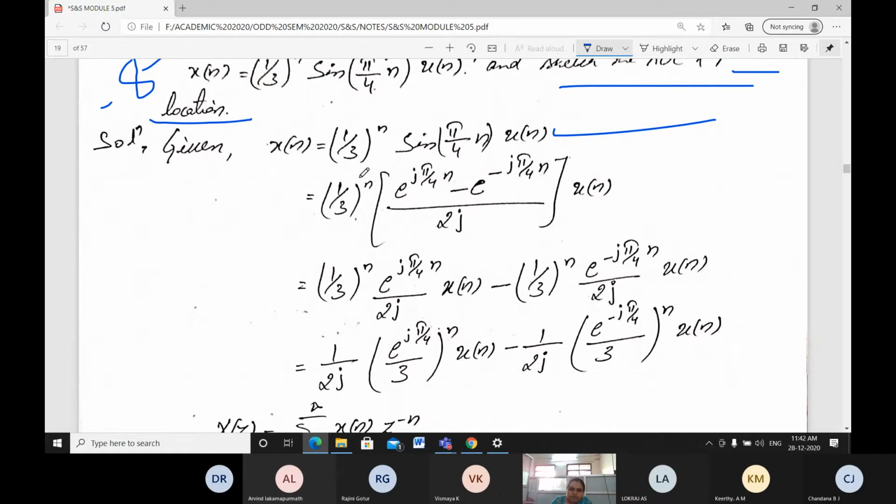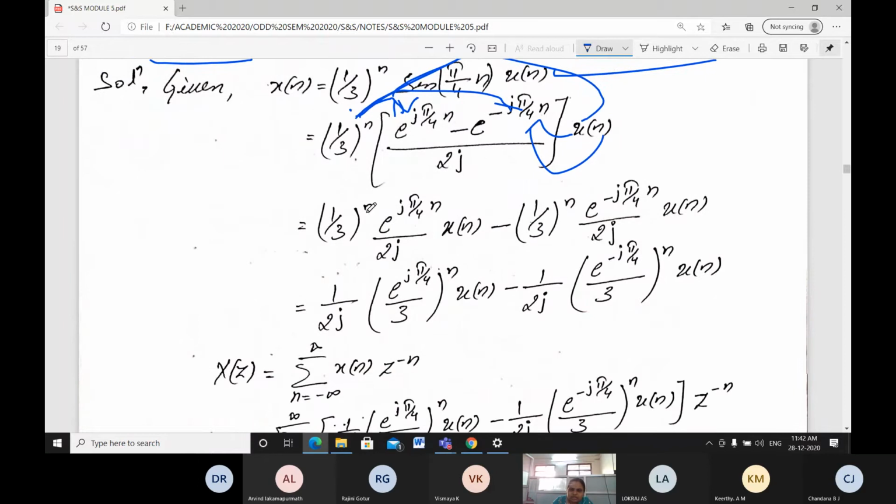Then multiplying 1 by 3 power n to both the terms, I get 1 by 3 power n e raised to j pi by 4 n divided by 2j into u of n minus 1 by 3 power n e raised to minus j pi by 4 n divided by 2j u of n.